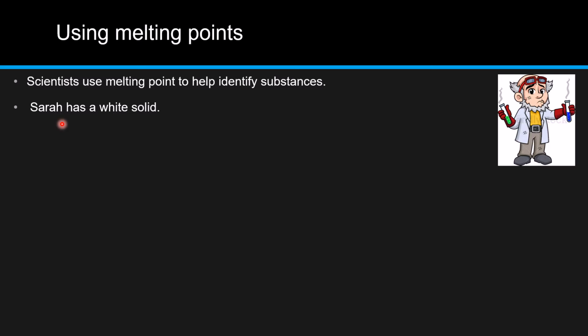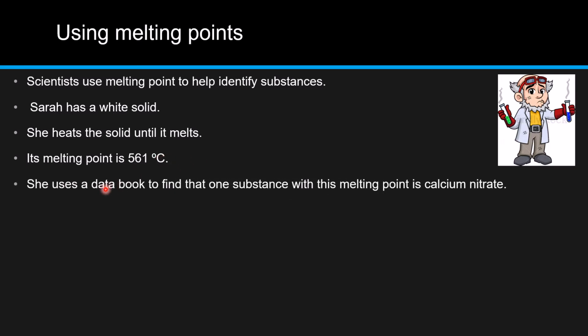She heats the solid until it melts. Then she finds its melting point is 561 degrees Celsius. Then she uses a data book to find that one substance with this melting point is calcium nitrate.